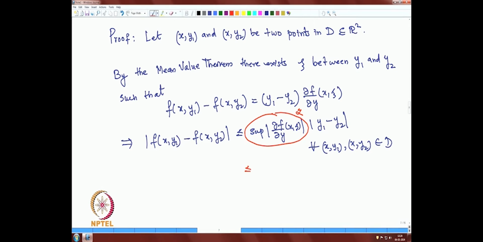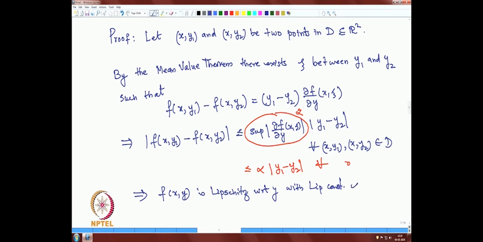So, this is less than or equal to alpha times the absolute value of y1 minus y2 for all (x, y1) and (x, y2) in D. So, proving that f(x, y) is Lipschitz with respect to y with the Lipschitz constant alpha.